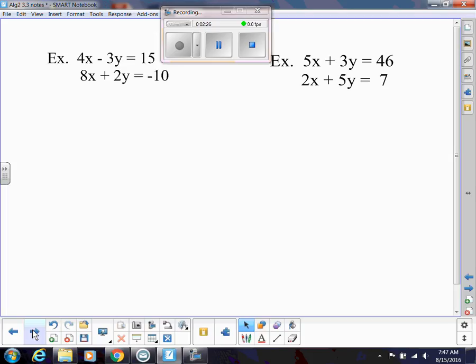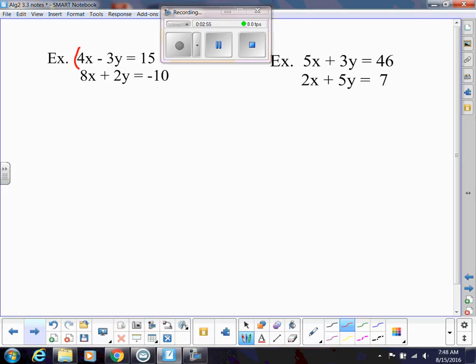In this second example, you see how the x's and y's lined up, so that first step is done for us. However, you see that the x's have different coefficients and the y's have different coefficients. So we need to multiply one or both by something. My personal opinion, I see that on the x's, 4 is a factor of 8. If I were to multiply that by 2, then I would have the exact same coefficients.